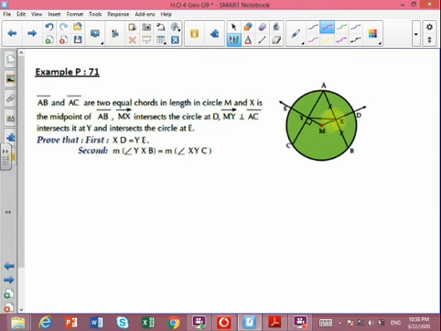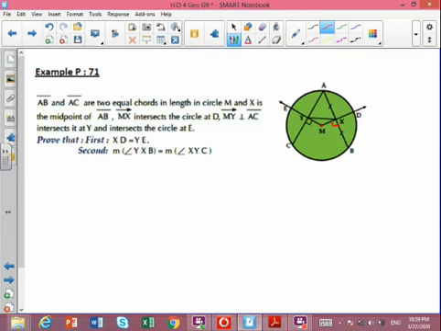The line from the center to the midpoint of a chord, this means that MX is perpendicular. This is very important. MX intersects the circle at D. MY, he told me in this case, is directly perpendicular. It means that these two parts are equal also, and it intersects the circle at point E.